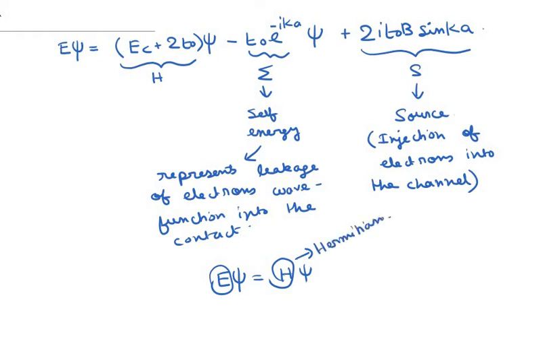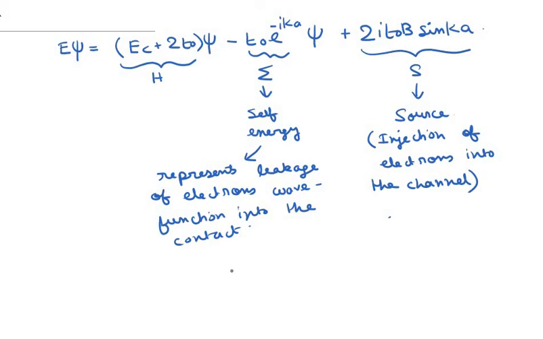Now the obvious question is that E psi is not equal to some Hermitian matrix times psi, and this is the term that makes it non-Hermitian. So what has changed such that the matrix multiplying psi is not Hermitian anymore? The answer is that now the wave functions can leak from the channel.